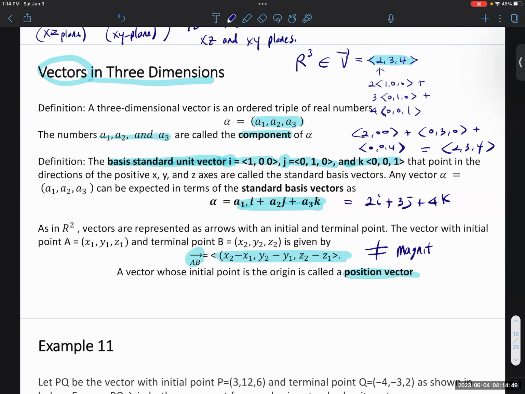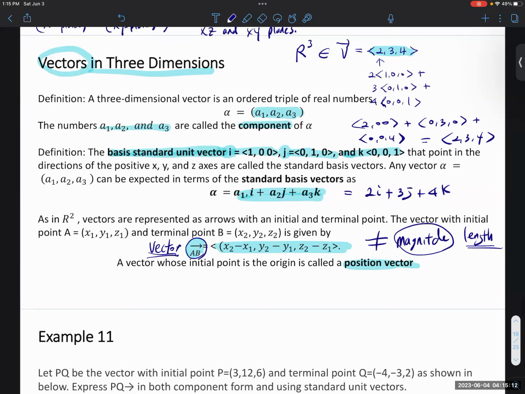Many people confuse that. So this is just the AB vector. This is a vector between 2 points. This is a vector between A and B. Magnitude is a length. Okay, so this is a vector. This is going to be the length. I will show you the difference very soon.